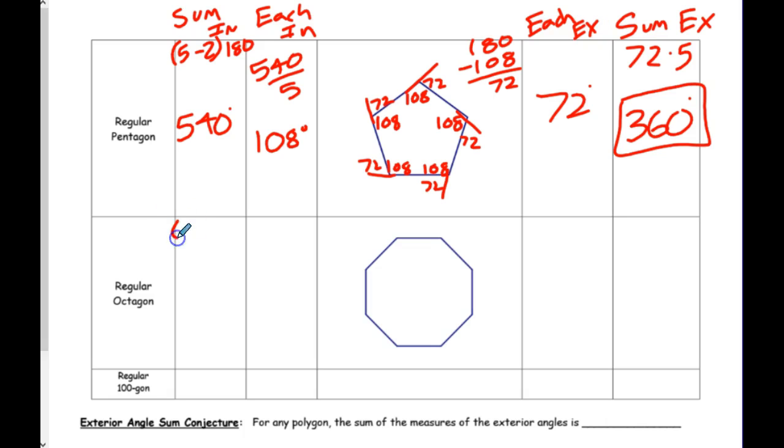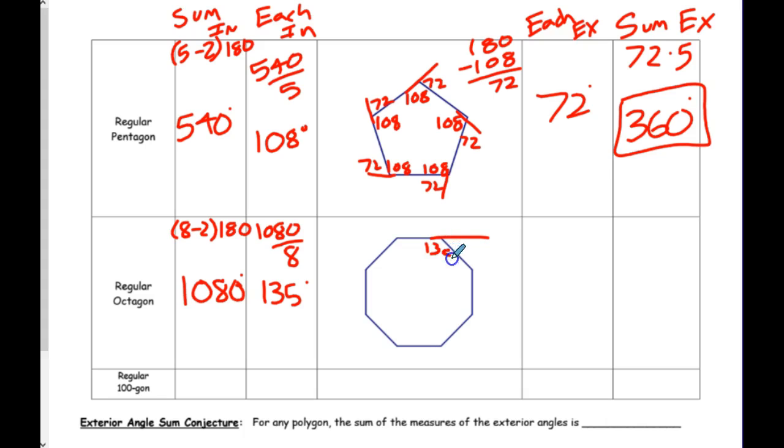An octagon is 8 sides. 8 minus 2 times 180 is what? 1080. And then we take that and we divide it by the number of sides, which is 8. And we get 135 degrees.